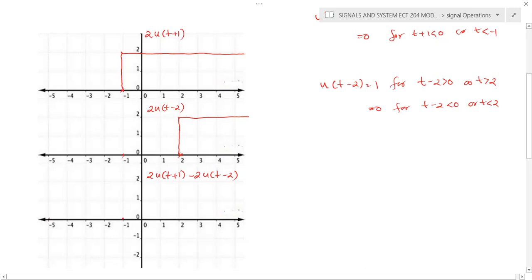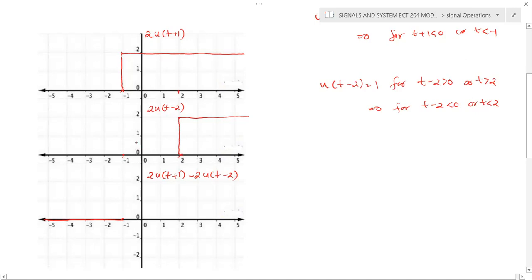Up to this minus 1, the signal magnitude is 0, because 0 minus 0. Now we can observe the limit from minus 1 to 2. The first signal magnitude is 2 and the second signal magnitude is 0.